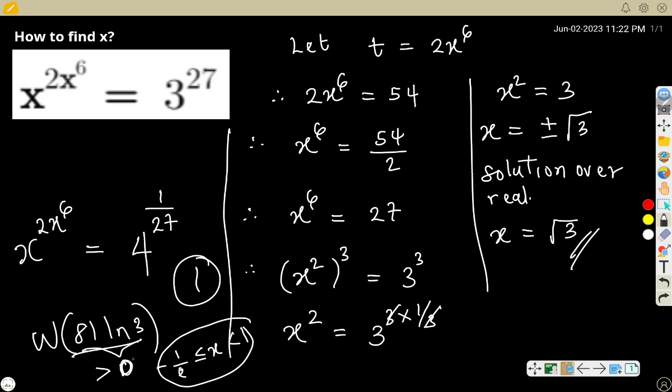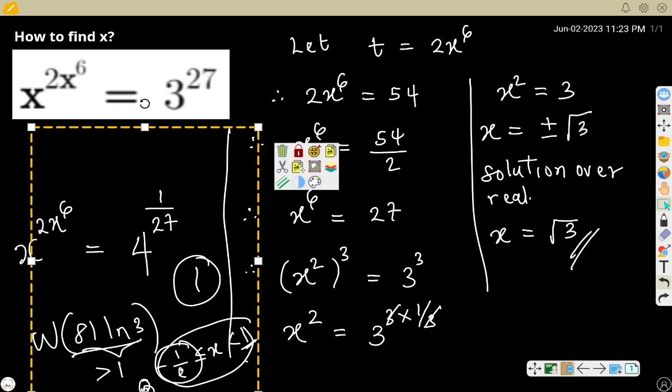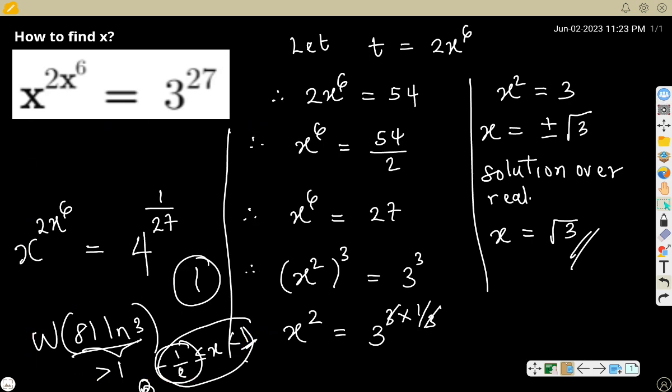So if this is greater than 0, you will have that result. Let's say it's greater than 1, then you will get only one answer. But if it is less than 0 and also greater than or equal to minus 1 over e, you get two answers. So 81 ln 3 is more than 1, so we get just one answer, and that is square root of 3 that we got.